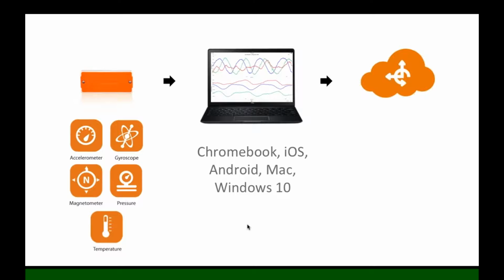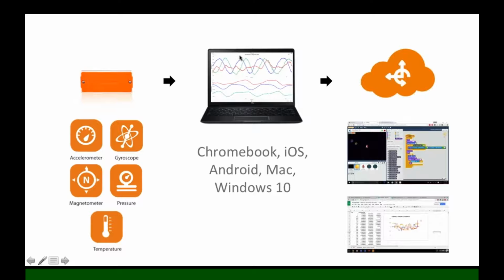So if you have students take the PocketLab home, it can work with their phones. And once you collect the data in our app, you can export the data to different programs like Google Drive, where you can look at it in Google Sheets and analyze the data further, or use the data to integrate with programs like Scratch, which is a visual programming language that helps students learn how to code.